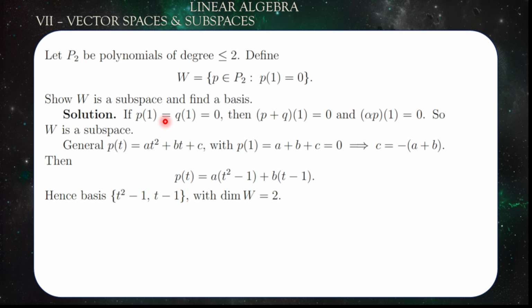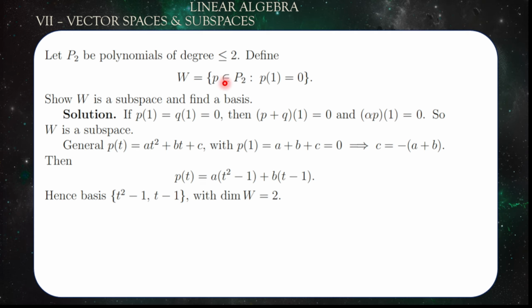If P(1) equals Q(1) equals 0, then (P plus Q)(1) is equal to 0. And alpha P(1) is equal to 0, so W is a subspace. It satisfies the three conditions: nonemptiness, closed under addition, and closed under scalar multiplication.